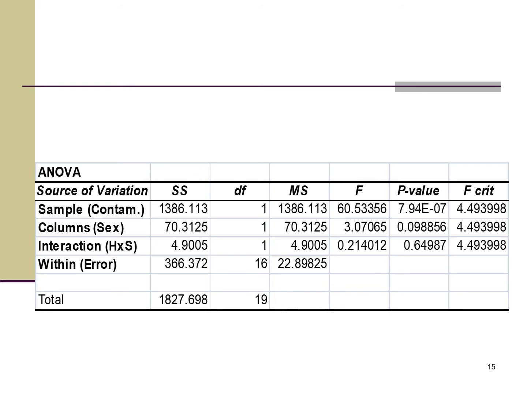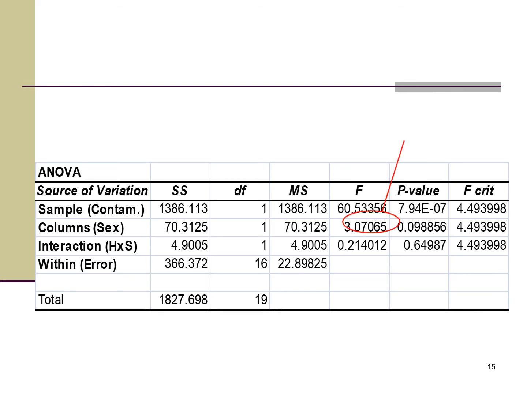We're at 60.5, and we only needed to make 4.49. And you can see that with the p-value. That p-value there is 7.9 times 10 to the minus 7, so much smaller than the 0.05 we would usually ask for.